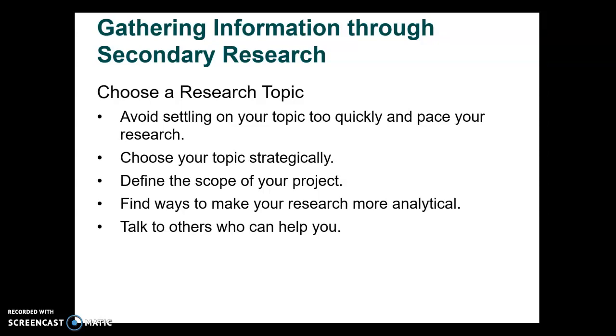So here are some tips that you want to make note of when you're using somebody else's research. You want to avoid settling on your topic too quickly. You may want to read a couple of books or articles before you decide. You want to choose a topic strategically, meaning one that matches what your business is looking for, what your target audience is looking for, as an example.